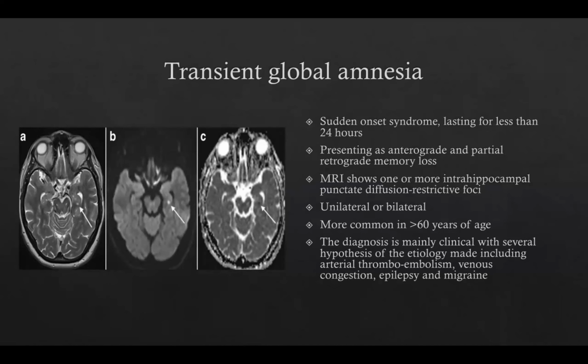So if it correlates clinically and the MRI also shows these focal changes, you may diagnose the patient as transient focal amnesia. The diagnosis is mainly clinical, but the hypothesis of etiology has been made, probably related to arterial thromboembolism, venous congestion, and could also be related to epilepsy and migraine.